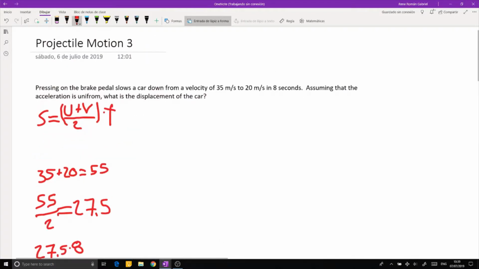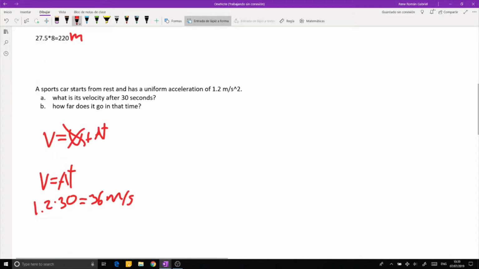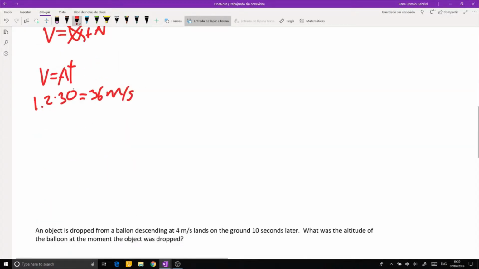So this is the same as the first one. It's just the same formula. S equals (U plus V) divided by 2, in parentheses, times time.